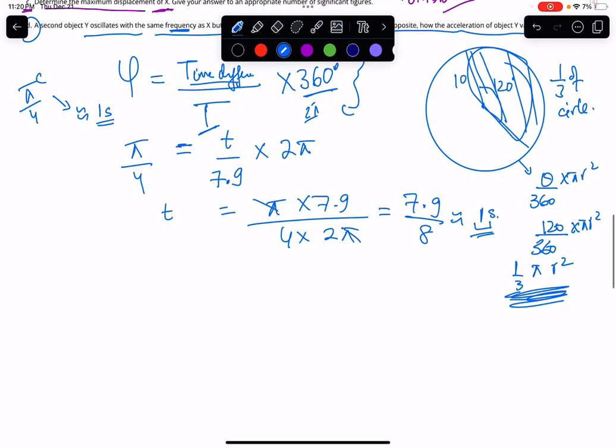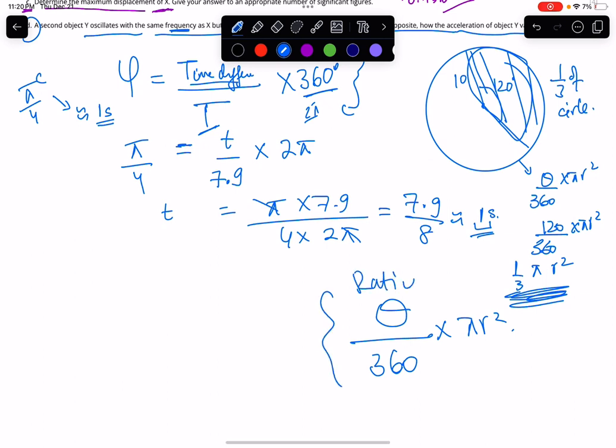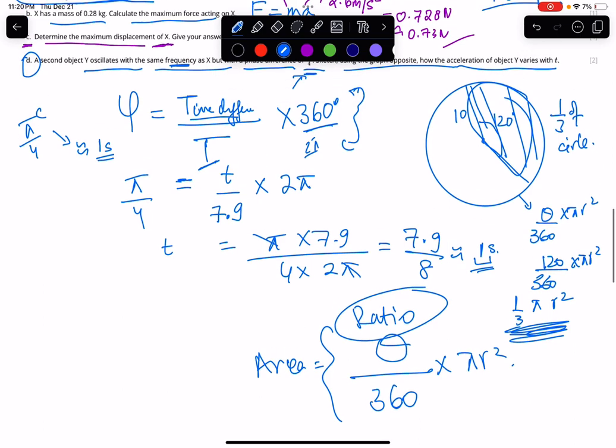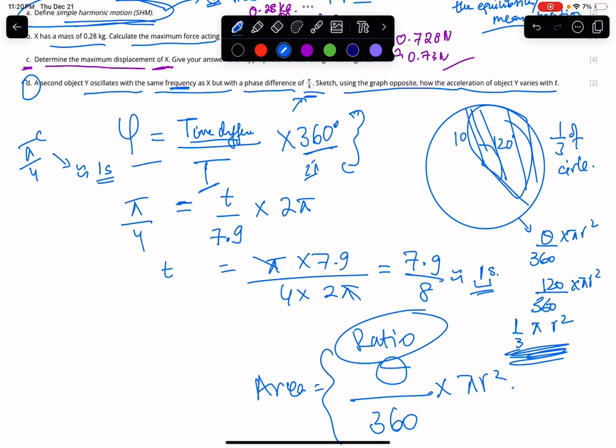In this case, we took an angle theta, divided it by 360, and then multiplied it by pi r squared. So we took a ratio. That's exactly how the phase difference works. It sounds complicated, but it's a simple ratio that you're taking.